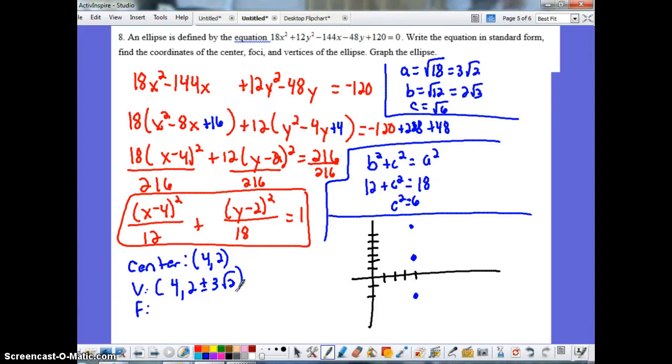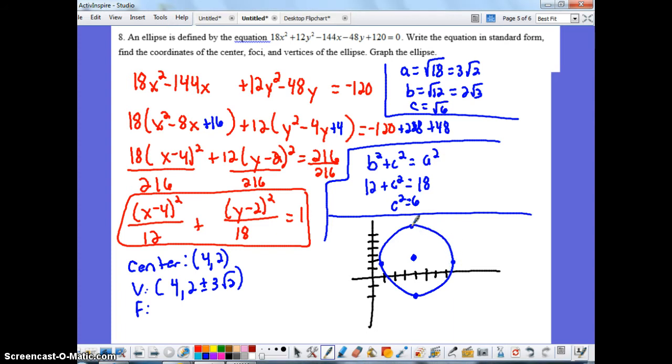B is just going to be 2 root 3, so that's going left and right. Square root of 12 is going to be a little bit more than 3. So I'm going to go to the right 3, and then I already have the left 3 set up. It's a little bit more than both of those, and that's what is going to allow me to draw my ellipse in.